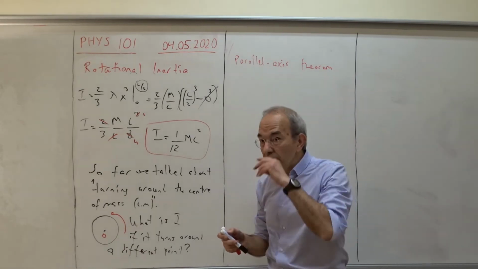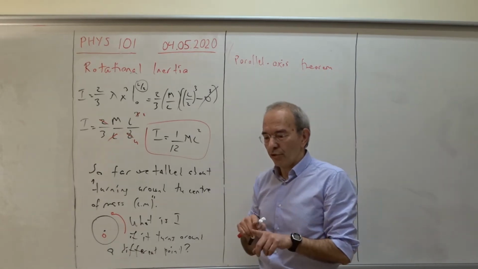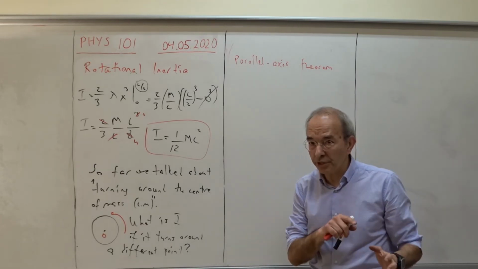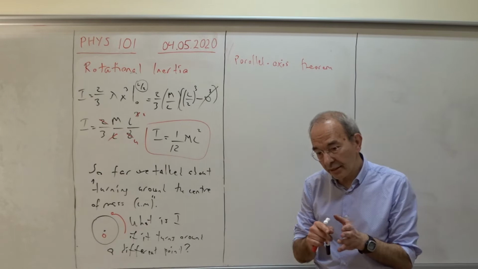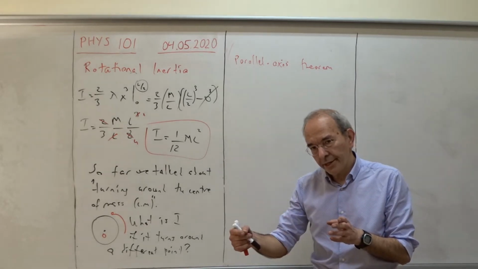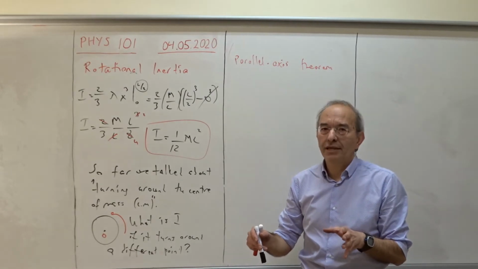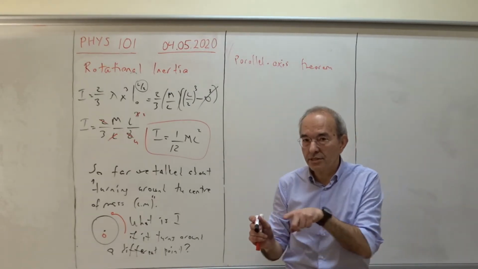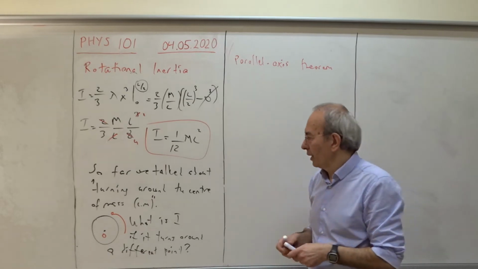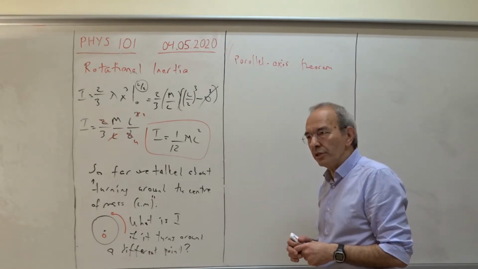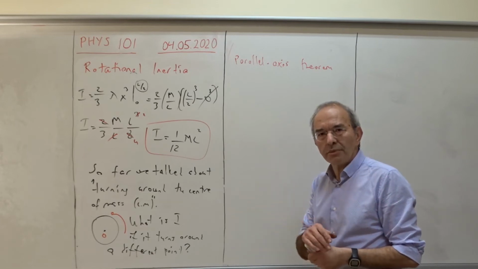What does it mean? If you don't rotate the object through the midpoint, through the center of mass, but around some other point somewhere other than the center of mass, that is a parallel axis. This is the new axis. Let's try to get this equation and then apply it to some given problems.